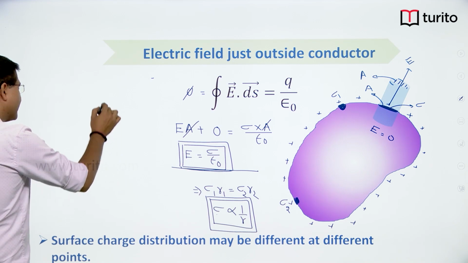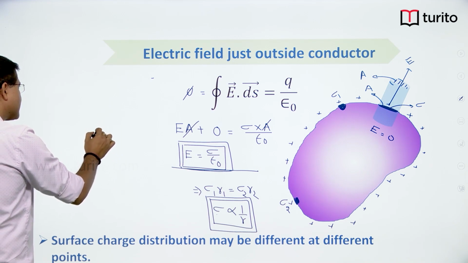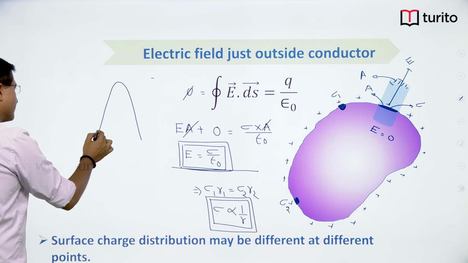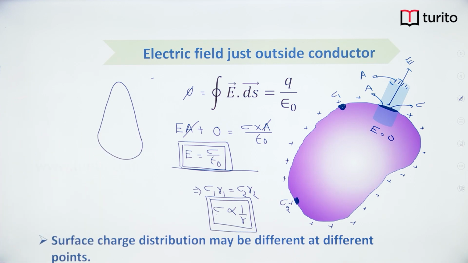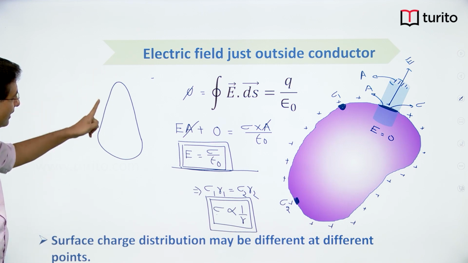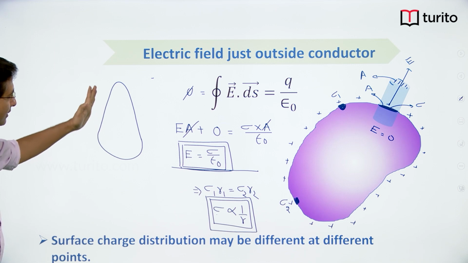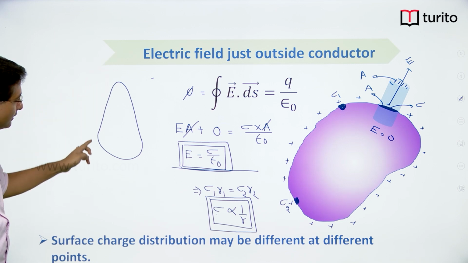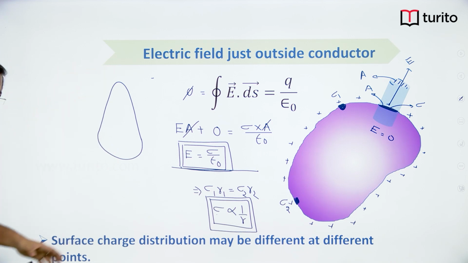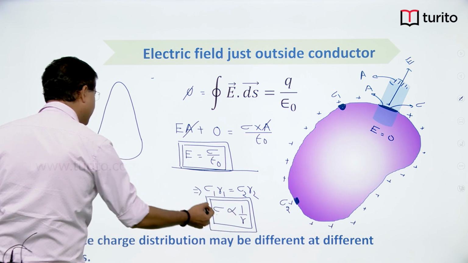Assume that I have taken an object something like this. You can see here sharpness is more as compared to here, where it is almost flat, and here it is sharper. So, if I give q charge to this one, the way q charge is distributed is given by this expression.